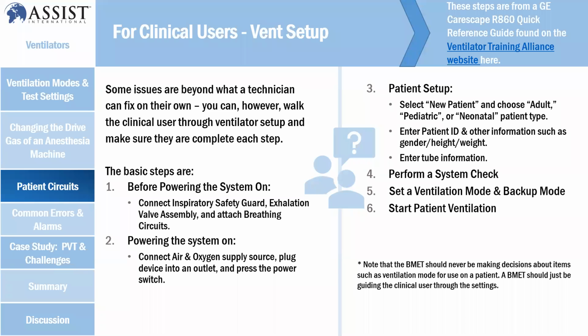Before powering up, connect your inspiratory safety guard, exhalation valve, and the breathing circuit properly. Before you power up, connect your air and oxygen supply into the outlet and power on the unit. Once you power on the unit, there will be a new patient setup.